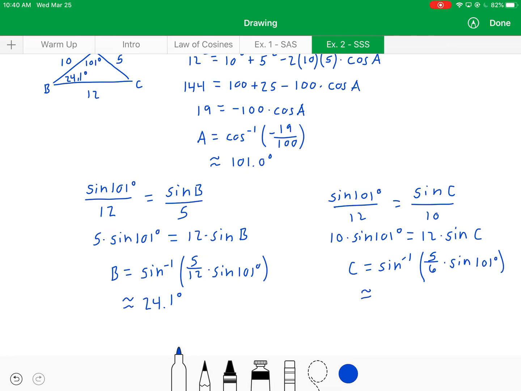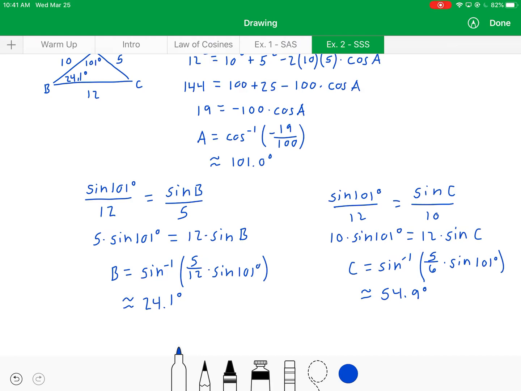All right, so let's punch that in. Inverse sine, 5 divided by 6 times sine of the 101. Looking at 54.9 degrees. Okay.